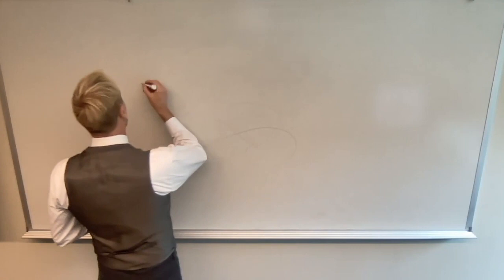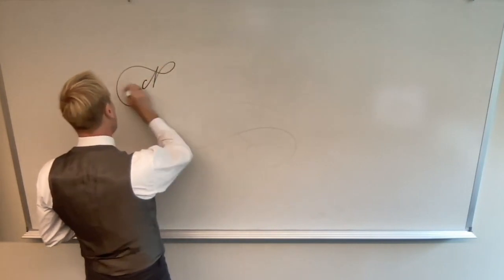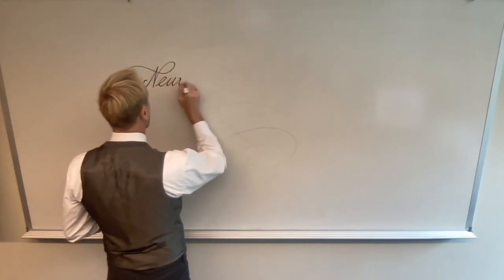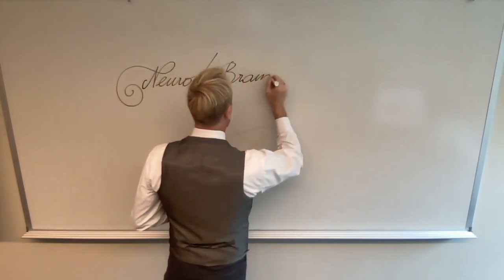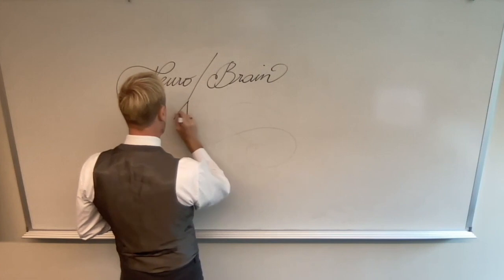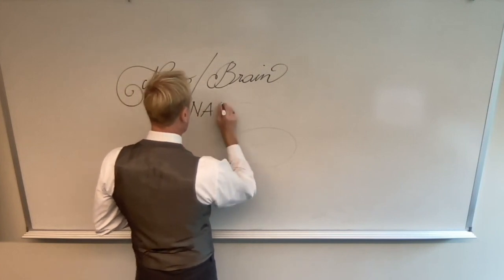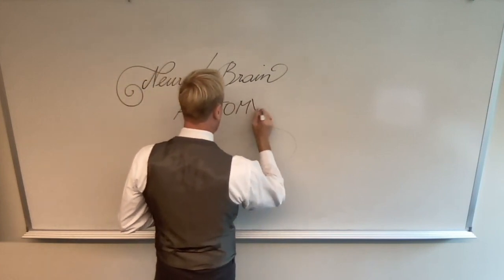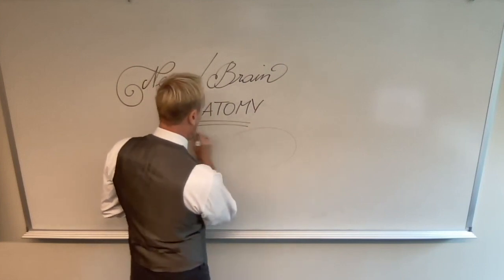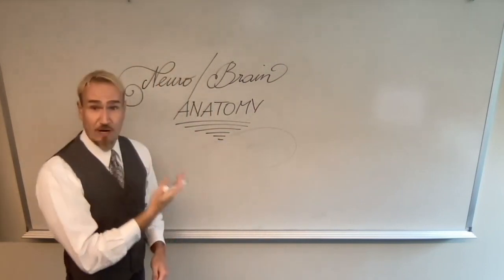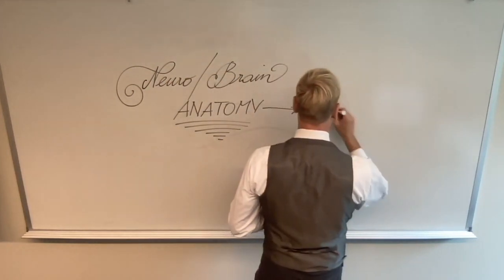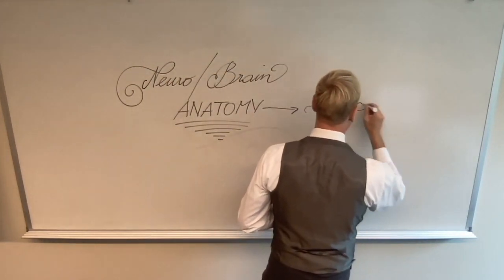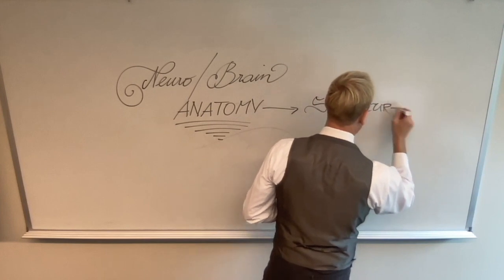So of course, neuro, or brain, because that's what we're discussing, neuro or brain anatomy. Okay, so this is the first part, anatomy. Brain structure, all the parts of the brain.